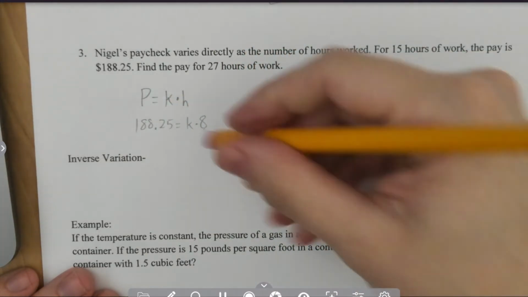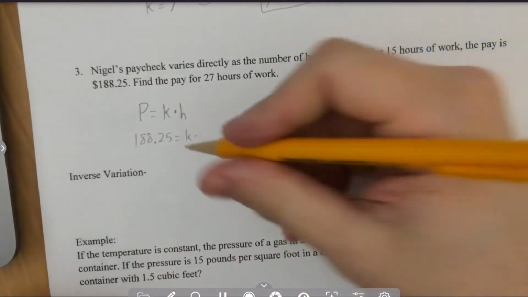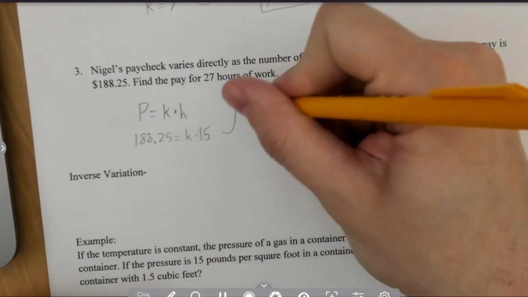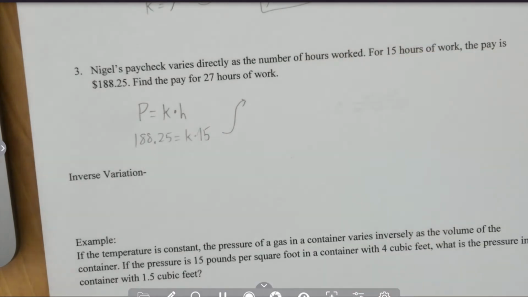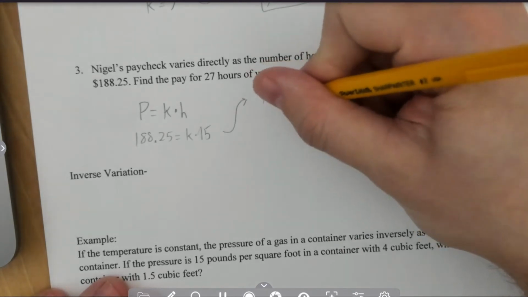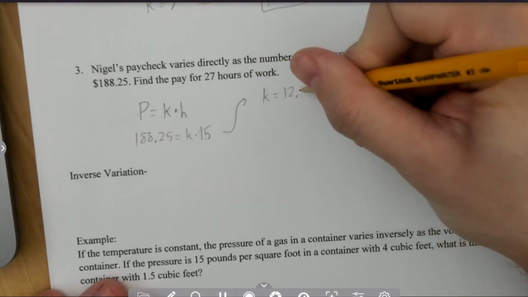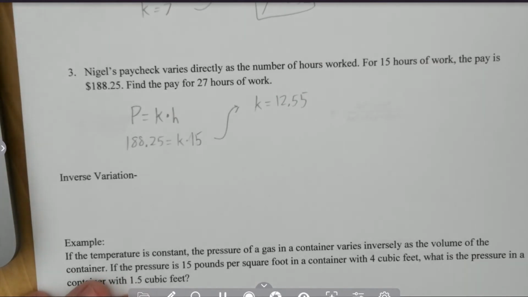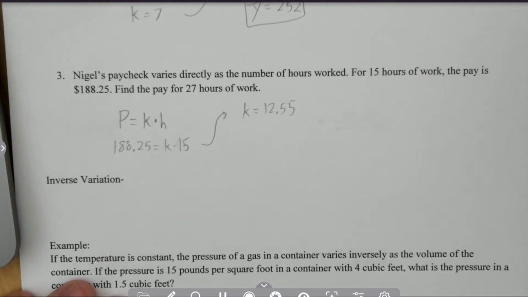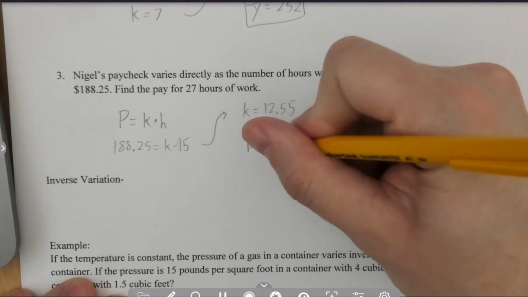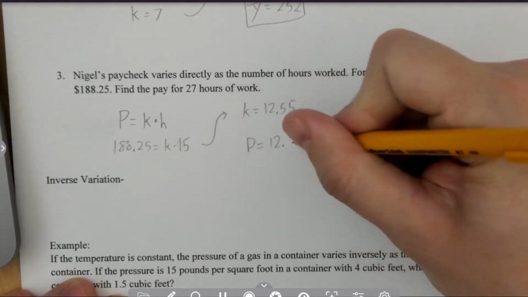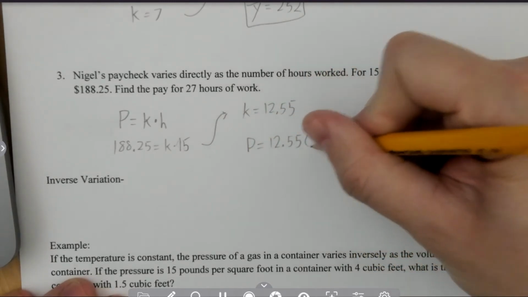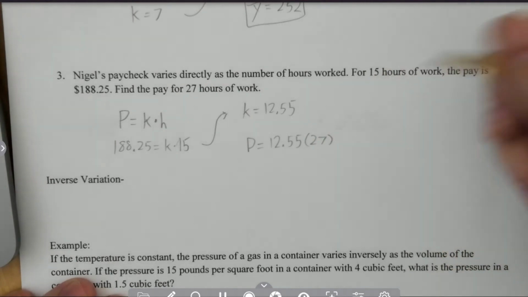If I divide 188.25 by 15, I get k equals 12.55. So now I know Nigel's hourly rate. Find the pay for 27 hours of work. Rewrite the equation, and now substitute 27 hours of work.